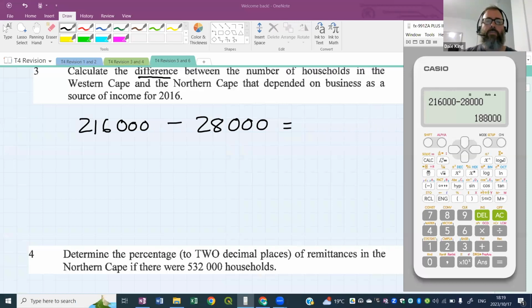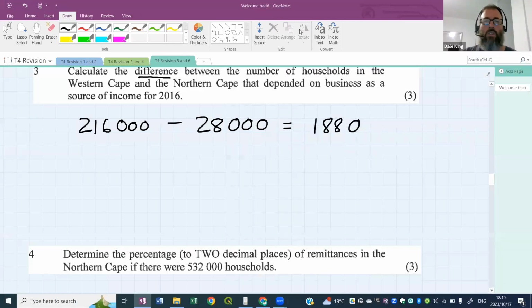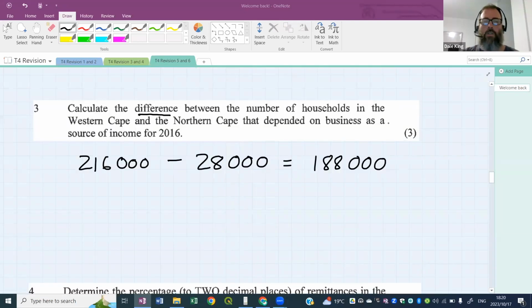Well done. I actually enjoy this part of the Maths Lit exam, the interpretation of graphs. They give us the information and we just have to work with it. I don't know why this is 3 marks though. This is 3 marks for a very simple calculation. Makes me wonder. We've answered the question.